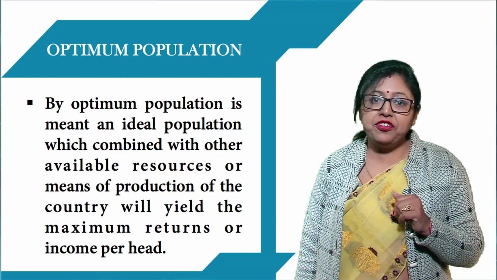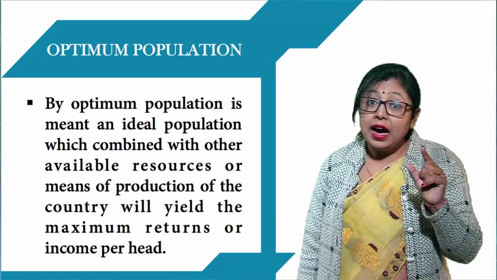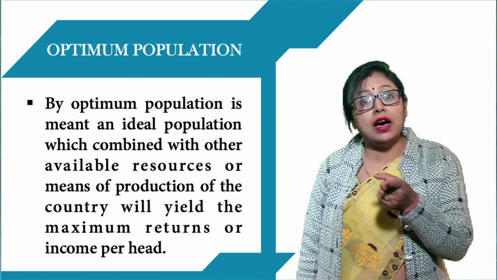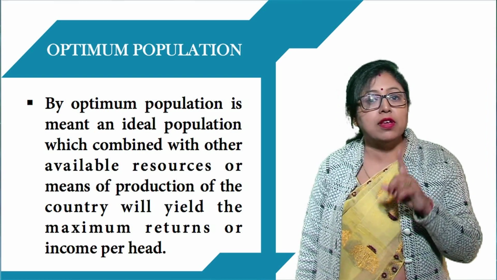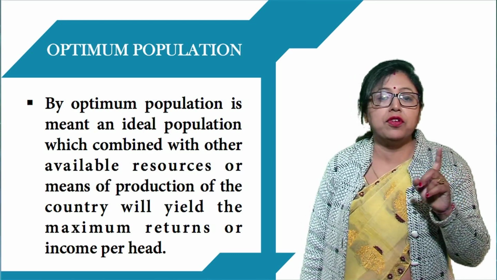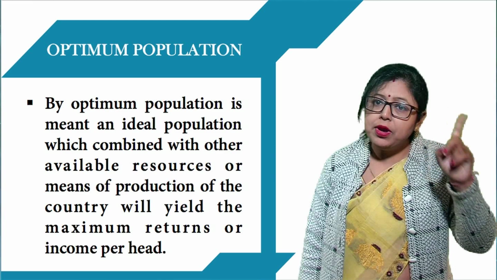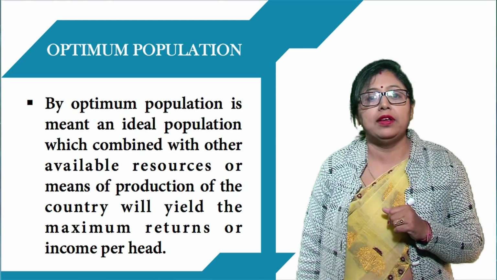Now, let us turn to optimum population. What do you mean by optimum population? By optimum population is meant an ideal population which, combined with other available resources or means of production of the country, will yield the maximum returns or income per head.